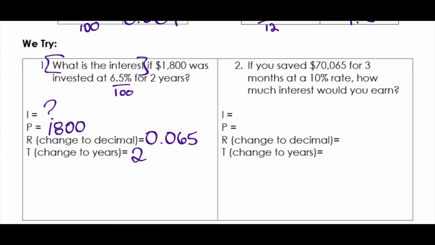Once you have the information that you need, the principal, the rate as a decimal, and the time in years, you just multiply them together. I equals P R T. It's 1,800 times 0.065 times 2. That's going to tell me the interest.